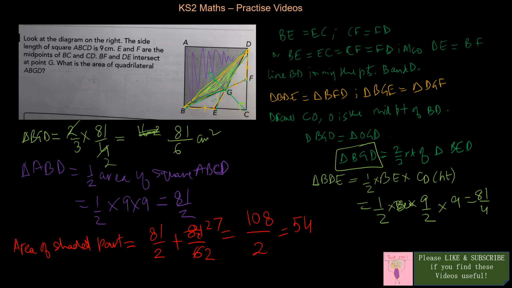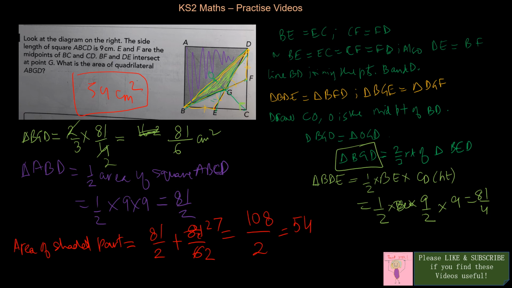So the area of the shaded part is 54 centimeters square. Okay, that is your answer. It's a bit long-winded, but I think we'll have a go at trying to understand how we can get to this.